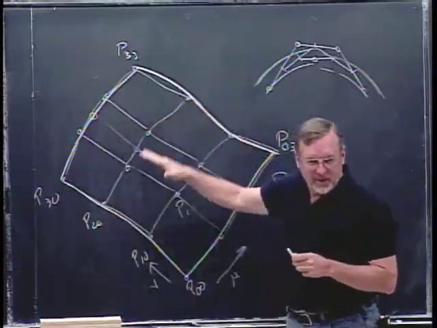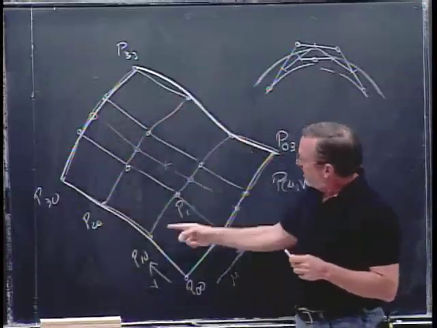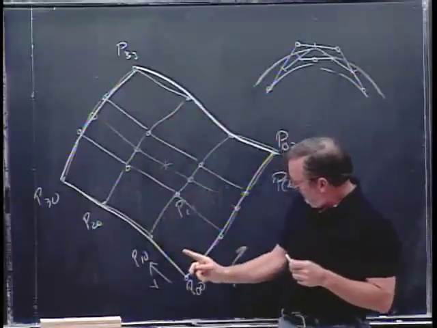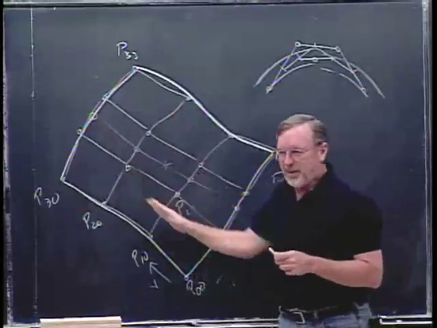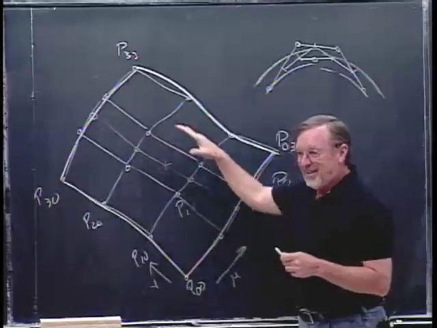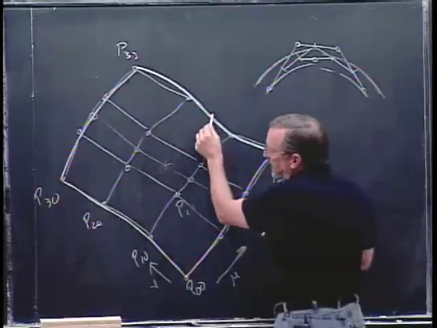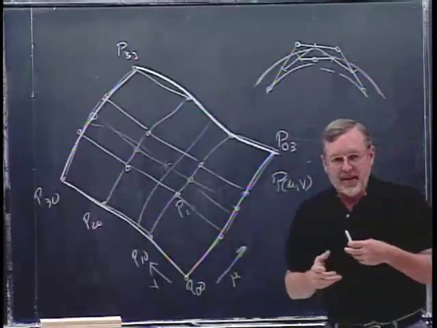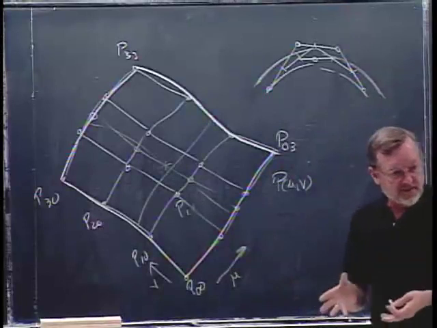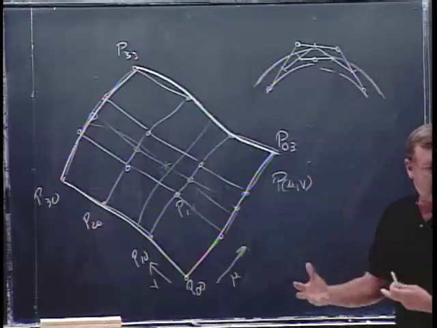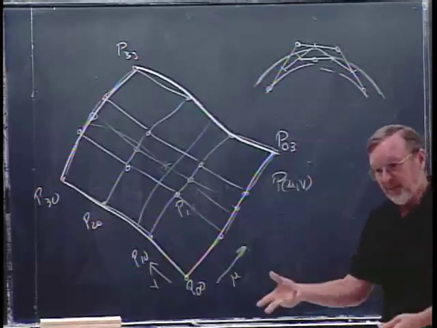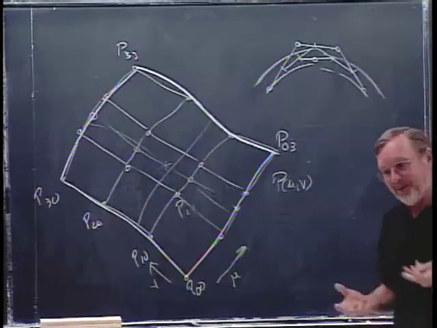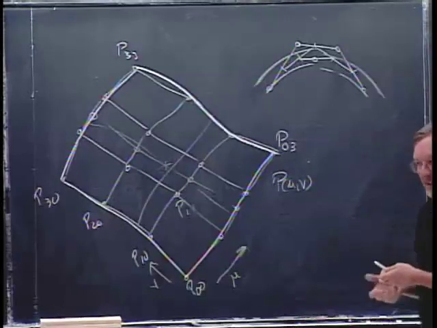We can split it into 2 pieces by splitting all these edges, these rows. And then we can split the columns in the other direction. So we can actually split this thing into, say, 4 pieces pretty easily. And a lot of the algorithms in graphics have to do with patches, and they split them into 4 pieces. And then they split them again. And this is where actually the word subdivision comes from, is splitting these patches.